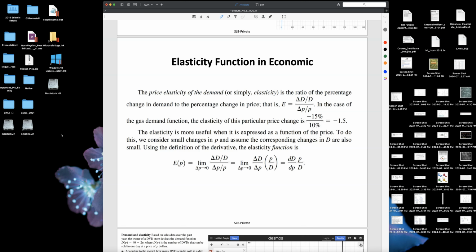And that relationship is what they call the elasticity of the price.